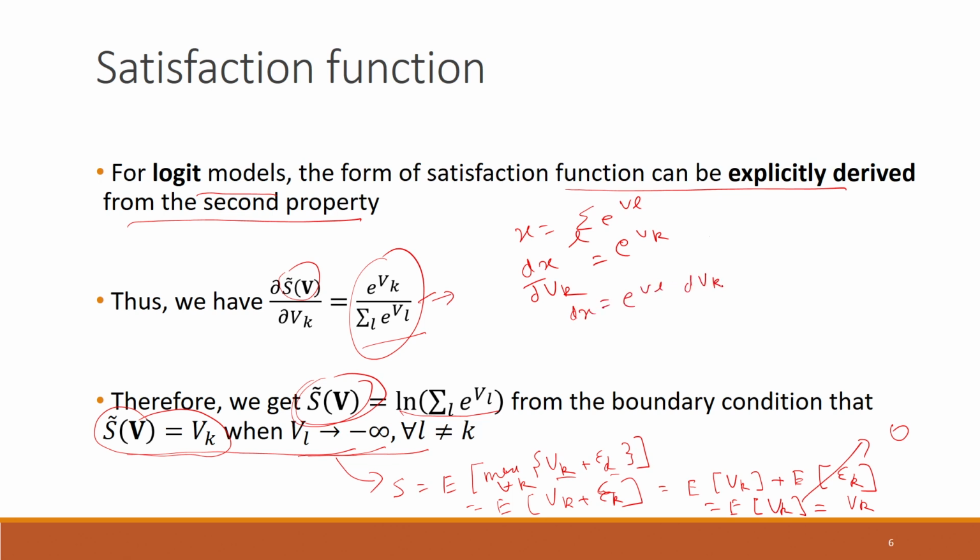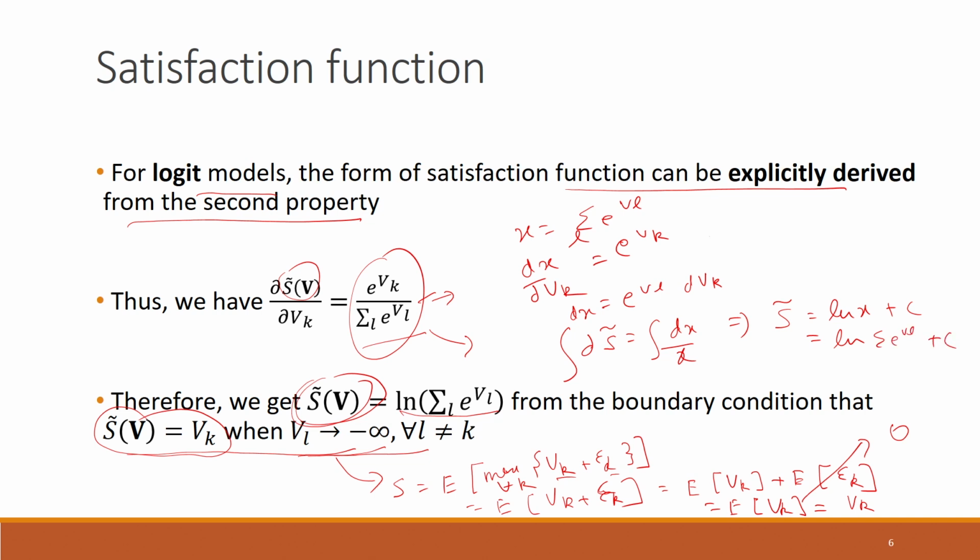Therefore, this relationship can be written as the derivative with respect to the satisfaction function equal to dx by x. Then we take integrals on both sides. So we get the satisfaction function equal to ln x plus some constant, where x is equal to the summation of e to the power Vl, plus constant.